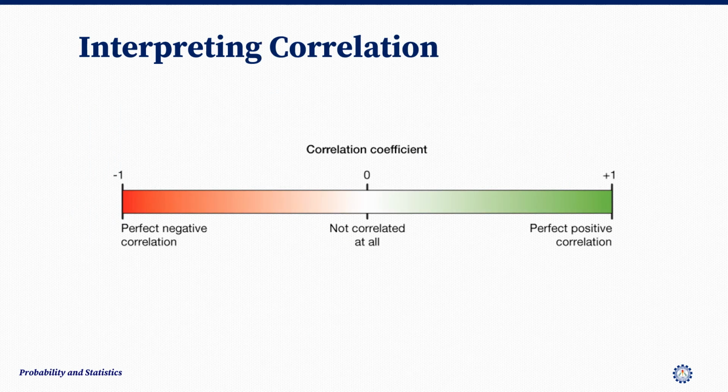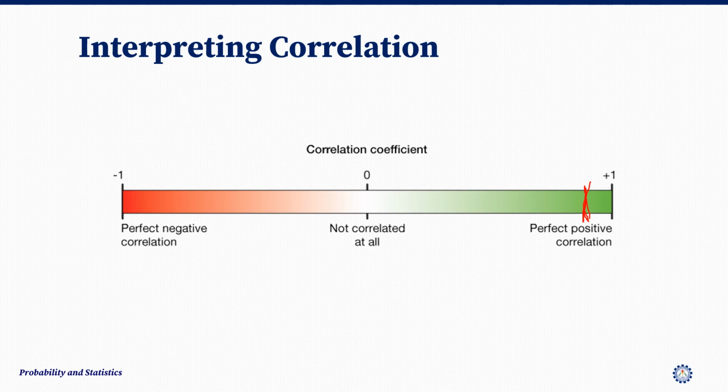As you can see, since our correlation is 0.94, it's nearly 1. That means we have a nearly perfect positive correlation, so our x and y variables are correlated.